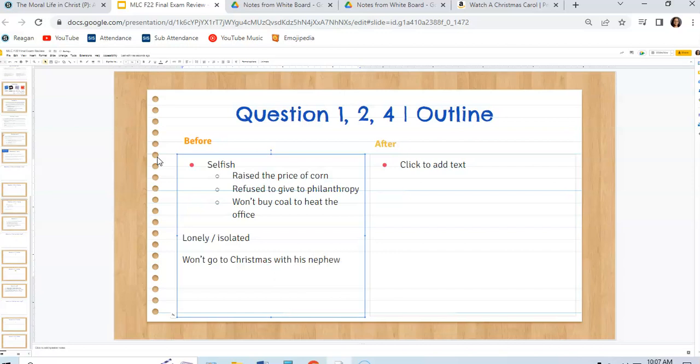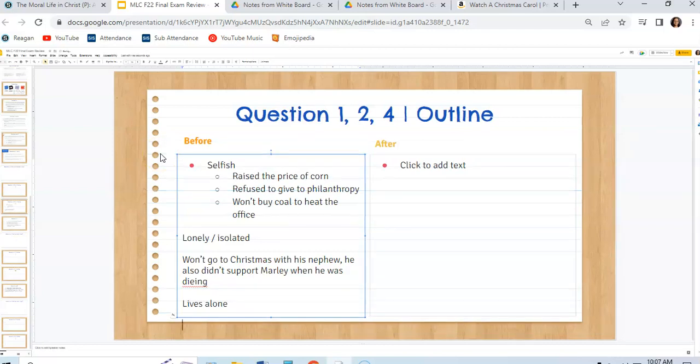He also didn't support Marley when he was dying. So he doesn't go to Christmas with his nephew, he doesn't support Marley when he's dying, and you could say he lives alone as well.